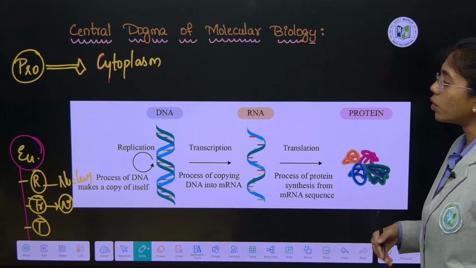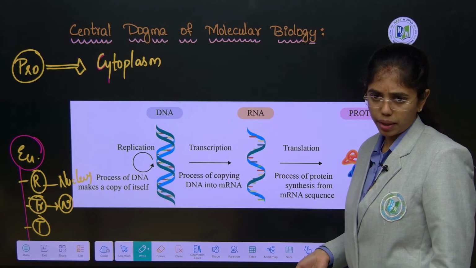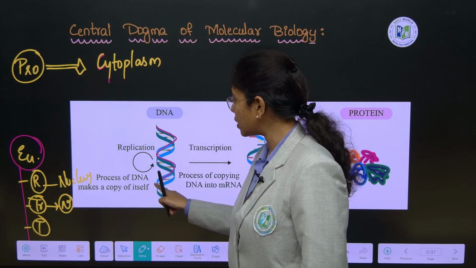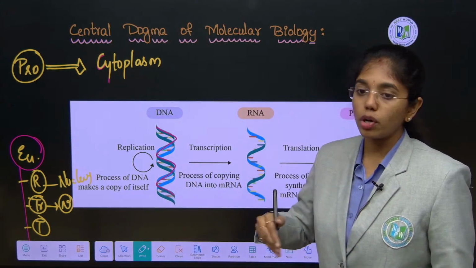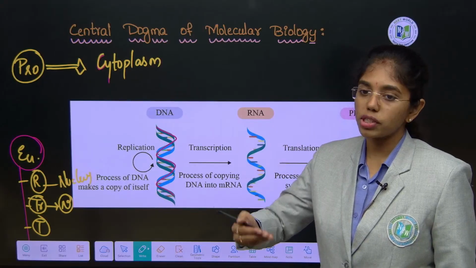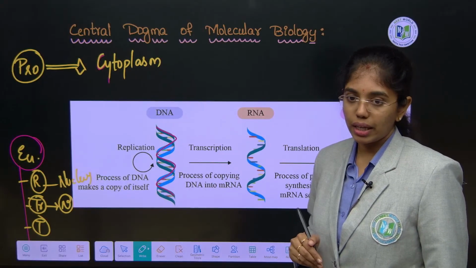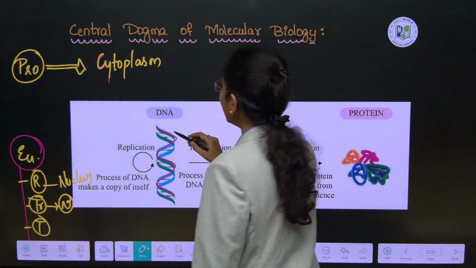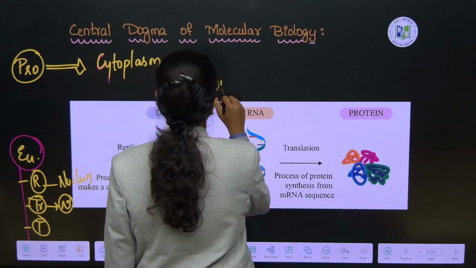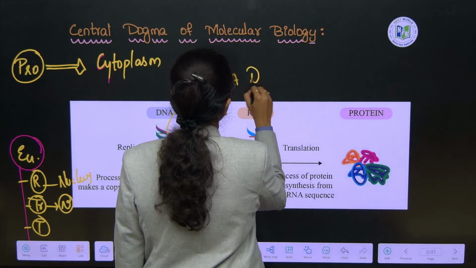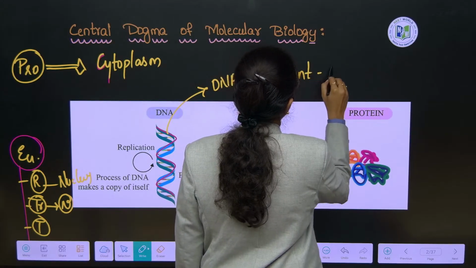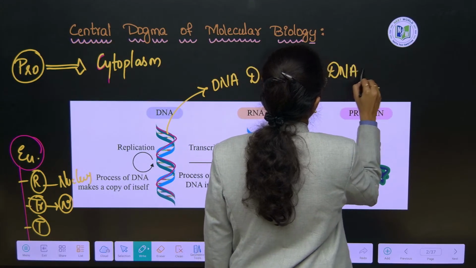Now, here you have to remember the enzymes as well, which is very important. In DNA replication, a new DNA strand is getting replicated. Of course, there is a big enzymatic machinery we are going to learn in DNA replication, but the major enzyme is DNA dependent DNA polymerase.